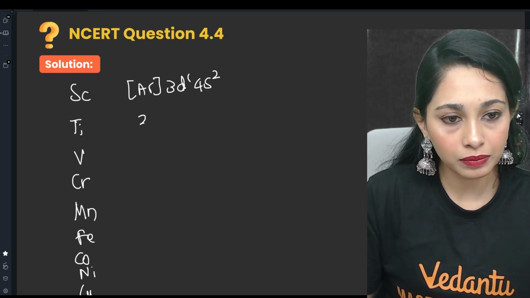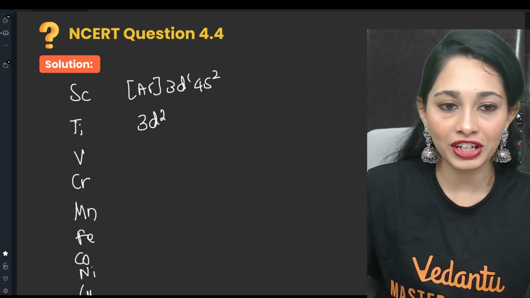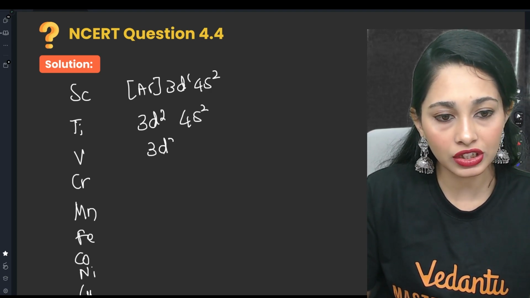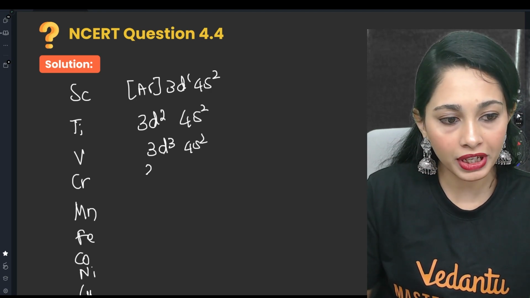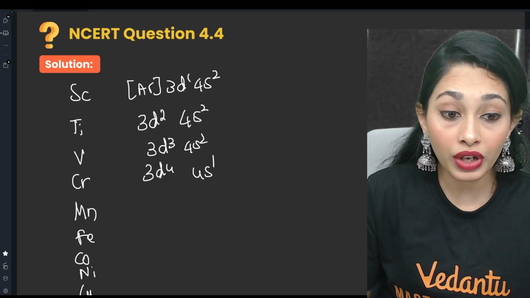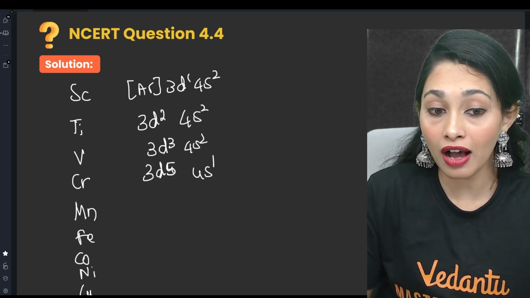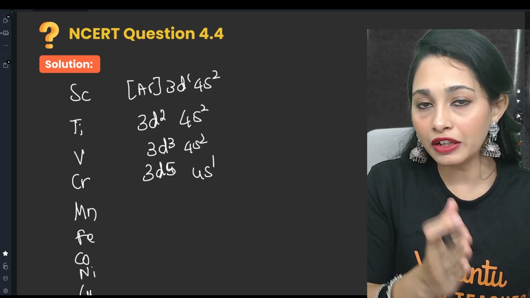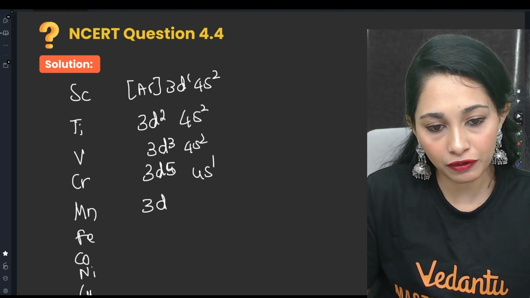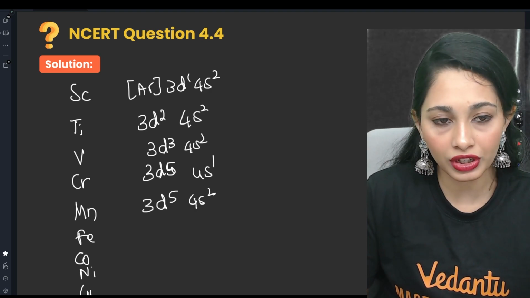For titanium, argon, 3d2, 4s2. Then vanadium 3d3 and 4s2. Chromium 3d4, 4s1. Okay, so chromium is going to be half filled because it is more stable, 3d5 and 4s1. And then manganese where 3d5 and 4s2 is the electronic configuration.